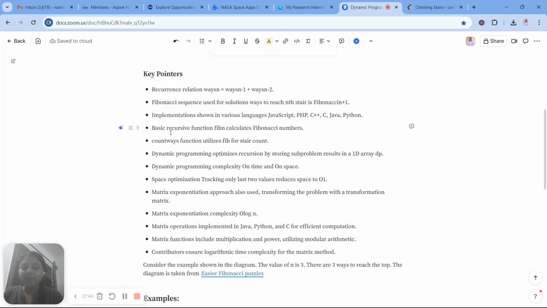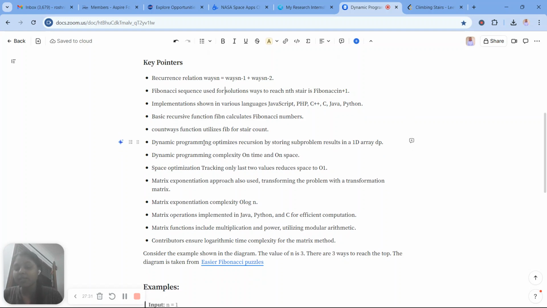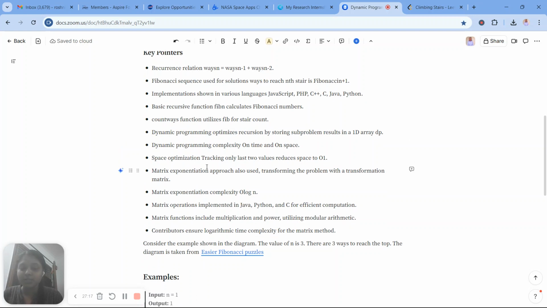The basic recurrence function is Fibonacci, which calculates the Fibonacci numbers, and we apply the same strategy here. Dynamic programming optimizes the recurrence relation by storing the subproblem results in one DP array. The complexity is O(n) time and O(n) space.